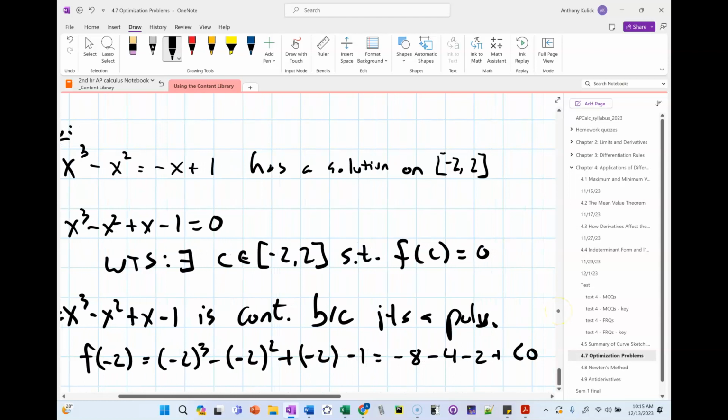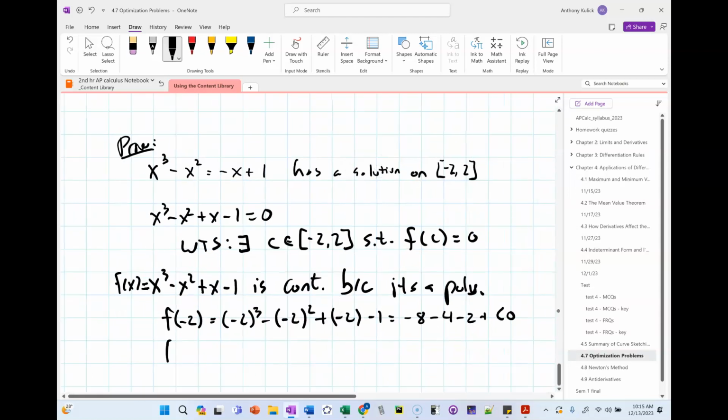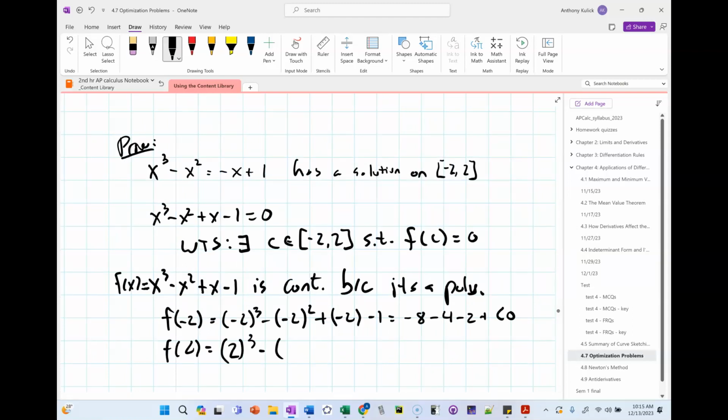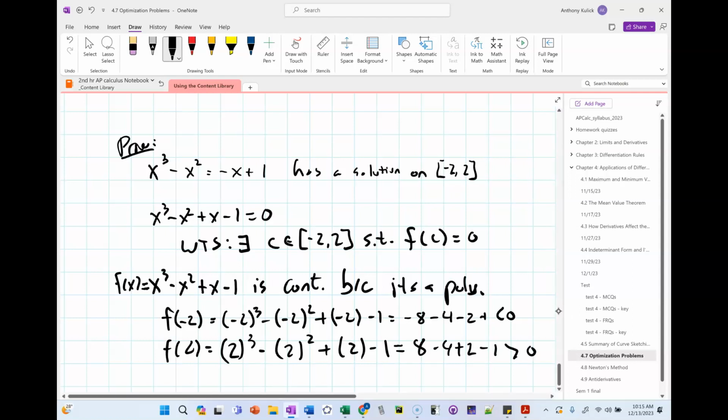Well, that's less than 0. Okay, that works. If I do f of 2, well, that's 8 minus 4 plus 2 minus 1. Well, that's greater than 0.